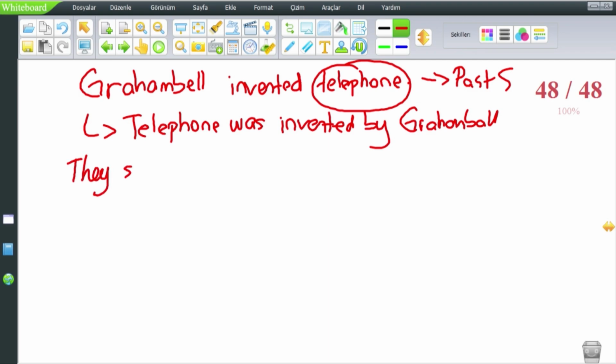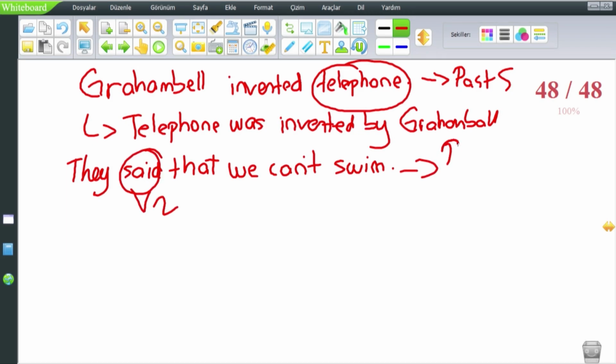They said that we can't swim. Okay, this is a different example from the normal ones because this is my verb. It's verb 2, which means past simple. What did they say? They said that. We don't have to write it here, but we can. It's not necessary.